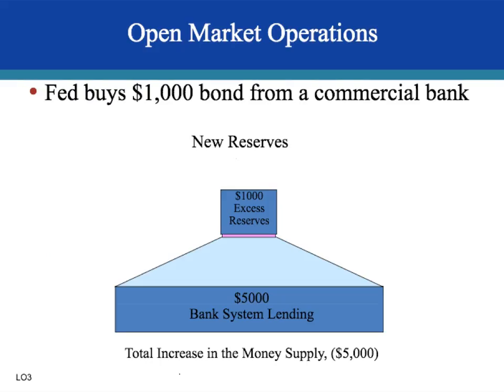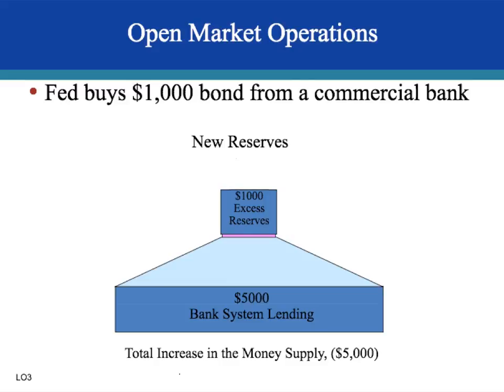Okay, so let's say the Fed buys a $1,000 bond from a commercial bank, and let's say here that the money multiplier is 5. What ends up happening, as we saw a couple slides back, is that the Fed deposits the $1,000 payment as reserves to the commercial bank. It immediately credits the reserves.